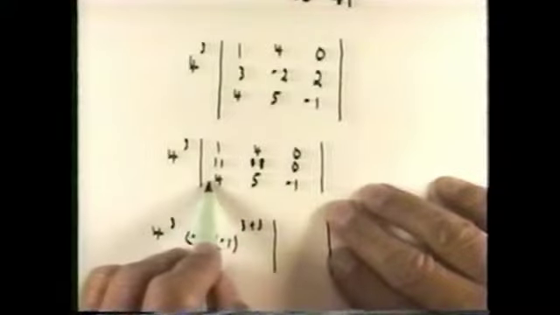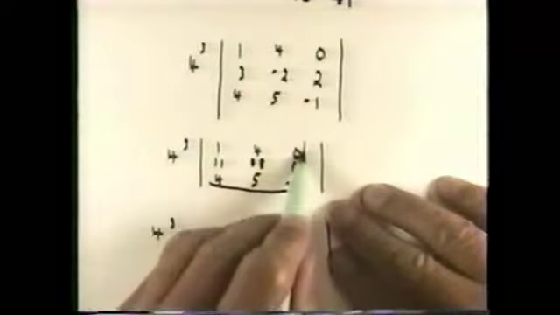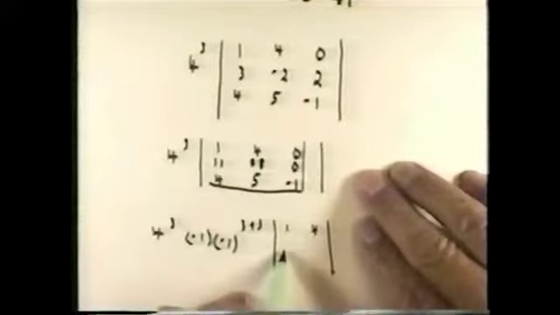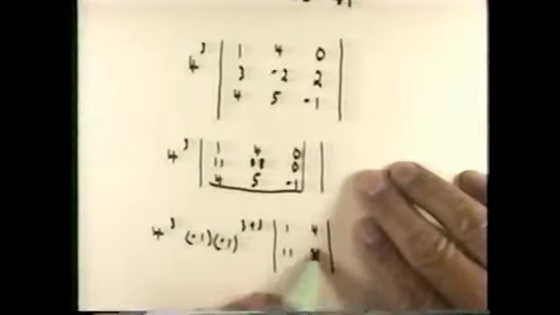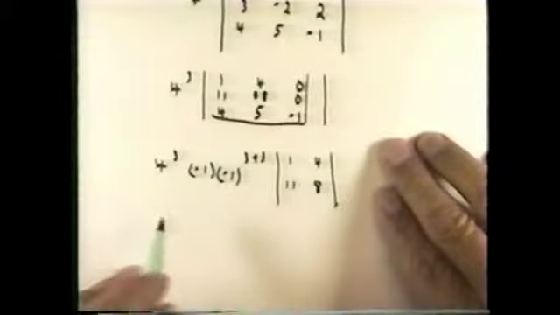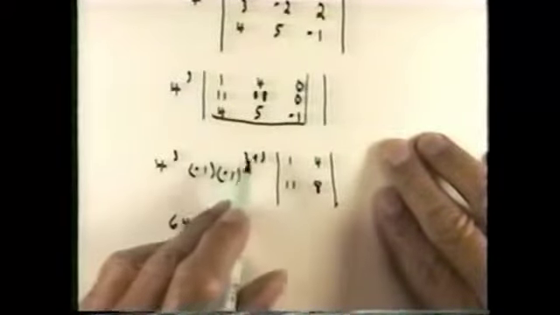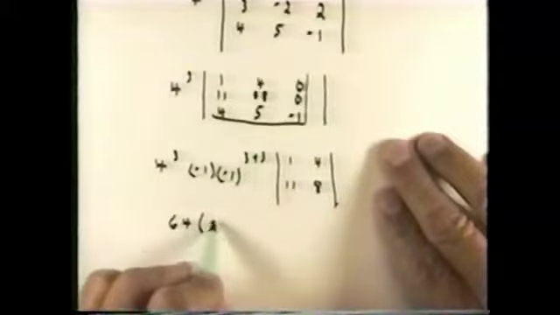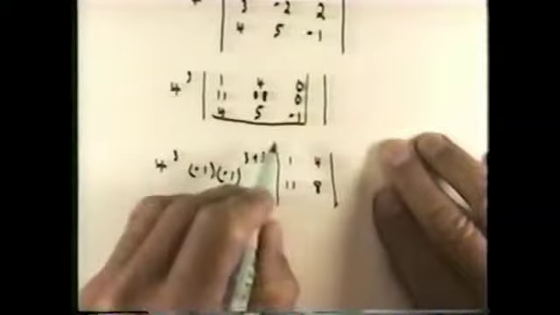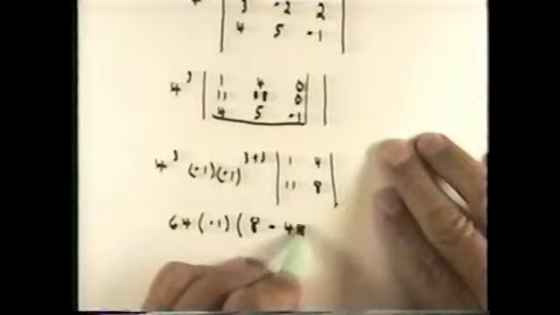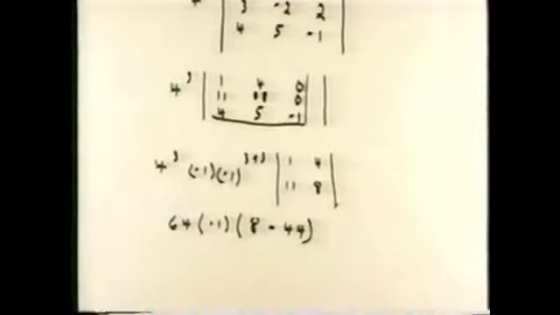If I take out the third row, third column, I'm left with 1, 4, 11, and 8. So it would be 64 times negative 1 to the 6th, which is positive 1, times 8 minus 44, which is very easy for you to finish.